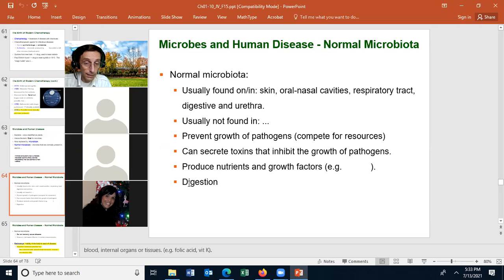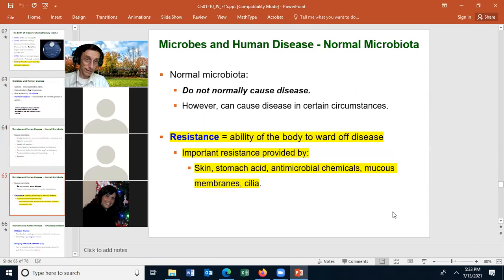Any question about that? Cows would not be able to digest grass if it wasn't for their normal microbiota. The cow's stomach cannot digest grass, but in their stomach they have a normal microbiota which can produce the enzymes that are required for digesting grass. And by the way, you should not eat grass because we do not have those normal microbiota.